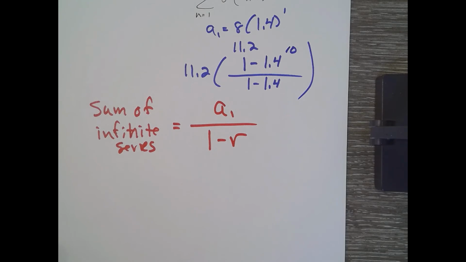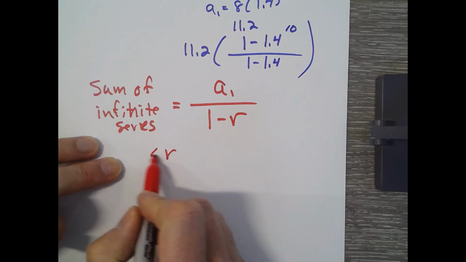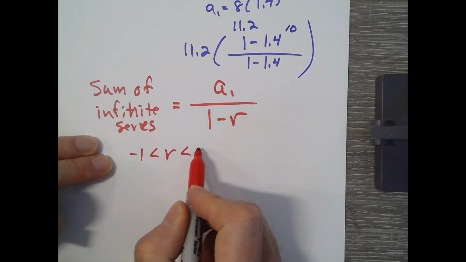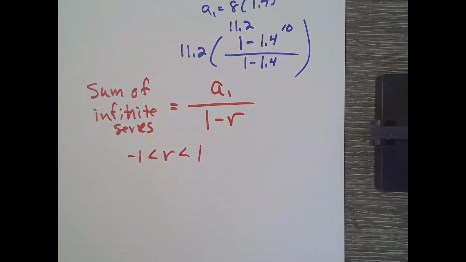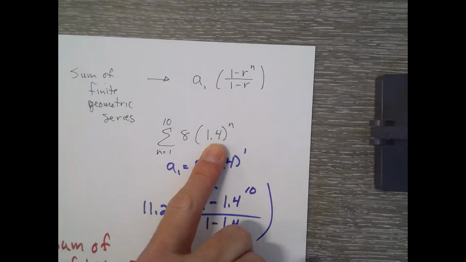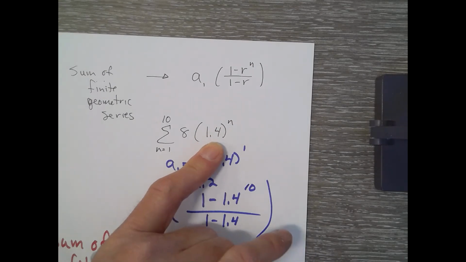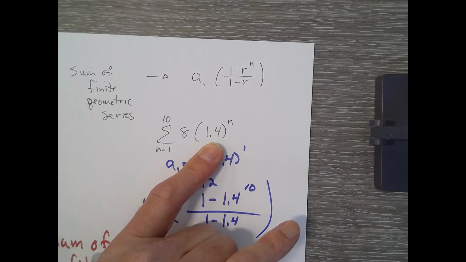Okay, here is the requirement though. r has to be between -1 and 1. If I go back up here and add these up to infinity, what's my answer going to be? If I keep multiplying by 1.4 and adding them up, what am I going to end up getting? Infinity. It's getting bigger and bigger.